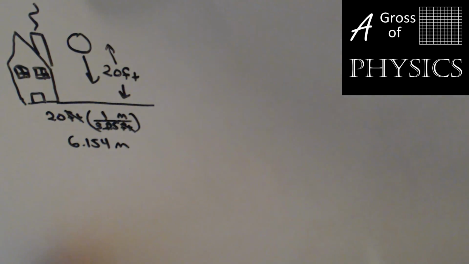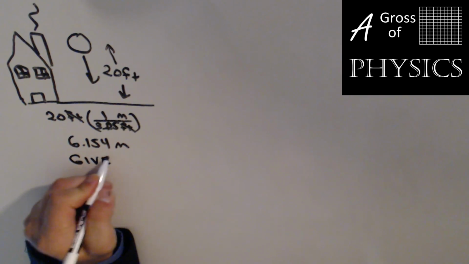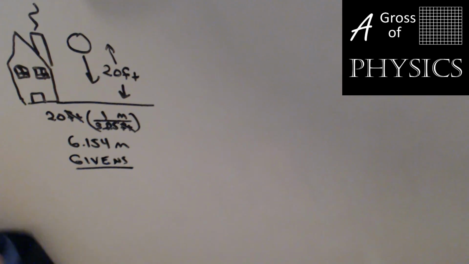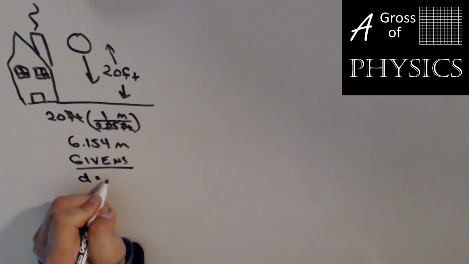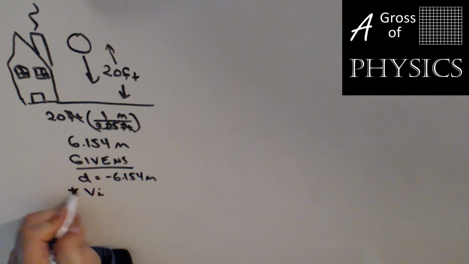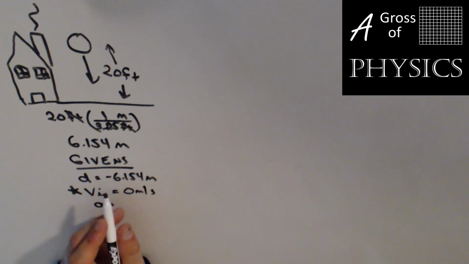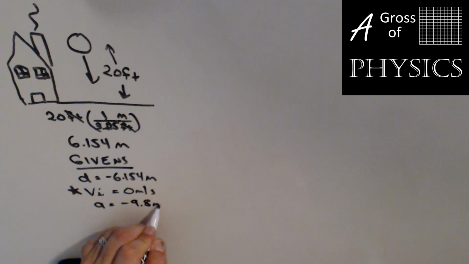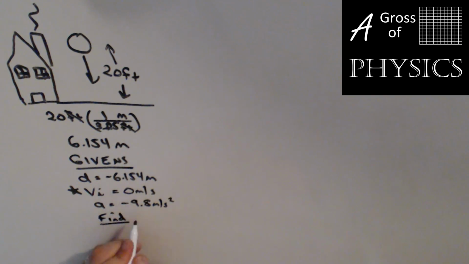Now, that being said, what I want to look at is all the givens I have. The givens are the displacement, which is negative 6.154 meters; dropped, hidden variable, VI is 0; the acceleration, since it's near the Earth's surface, negative 9.8 meters per second squared. And we want to find how long it will take, t, and how fast we'll be moving, VF.